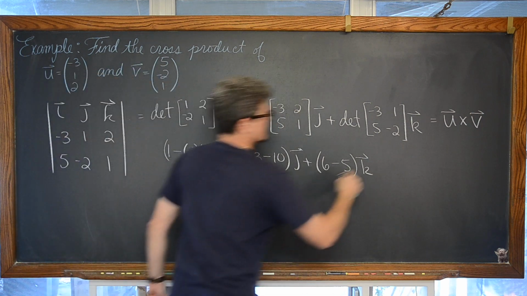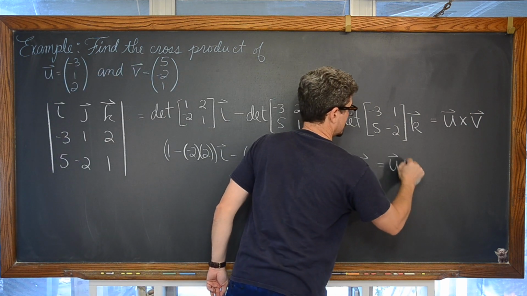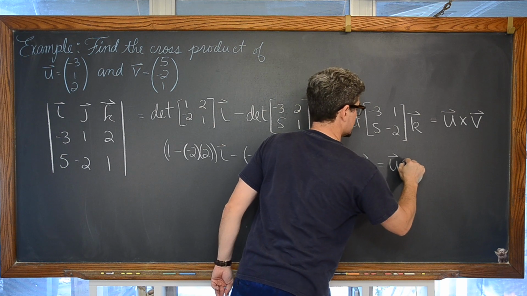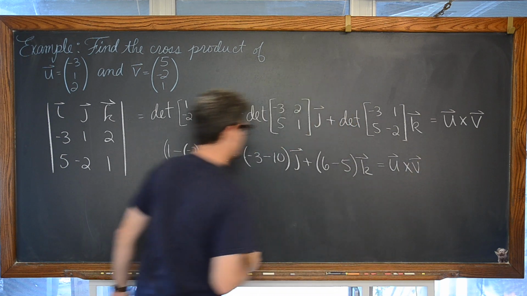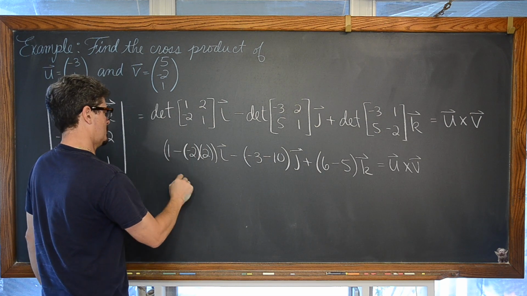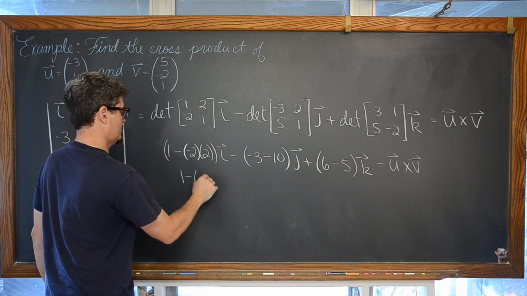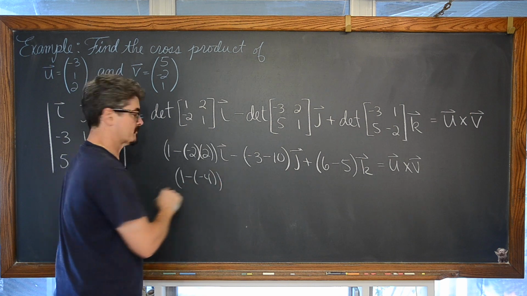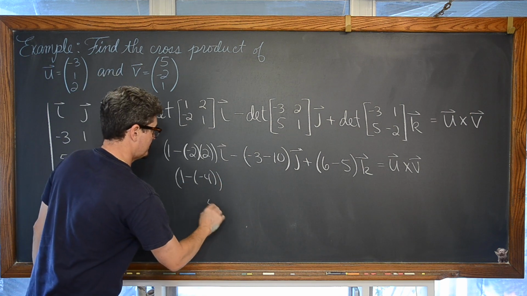That's going to give us that u cross v is equal to 1 minus negative 4, which of course is going to be 5.